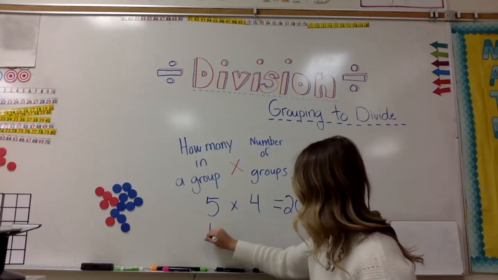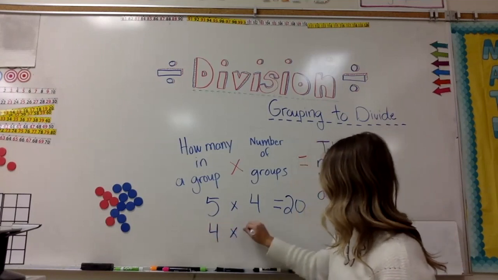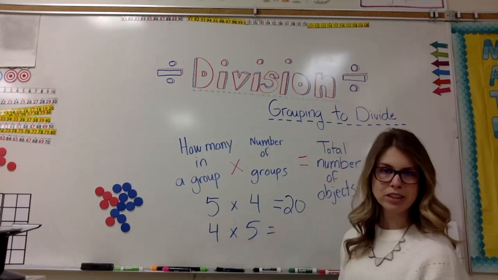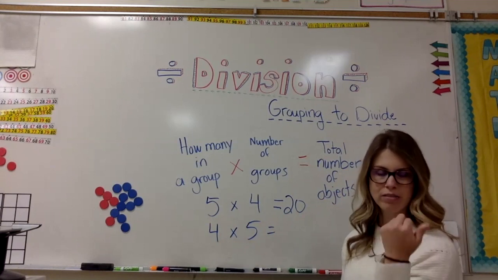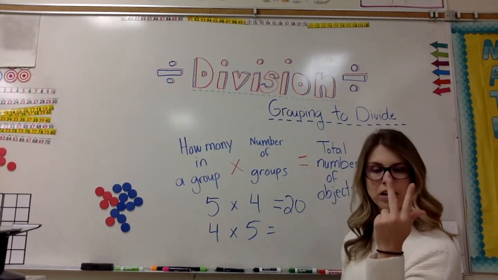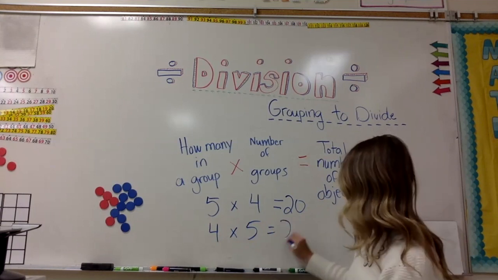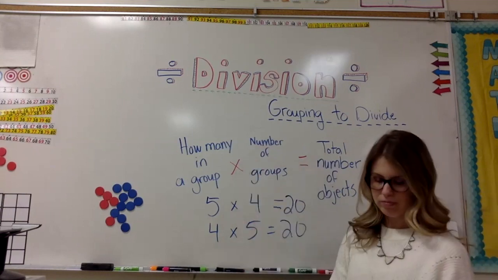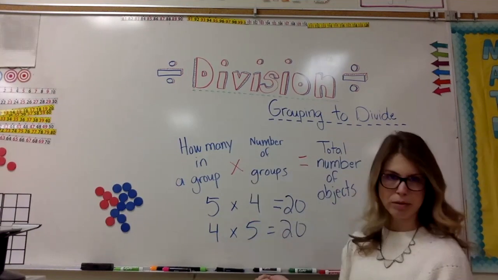Now if I switch it around and go 4 times 5, 4 in a group and 5 groups, it's the same thing. 4, 8, 12, 16, 20. Teachers have trouble too. Equals 20. So this was the same. You can see how this is kind of a fact family.